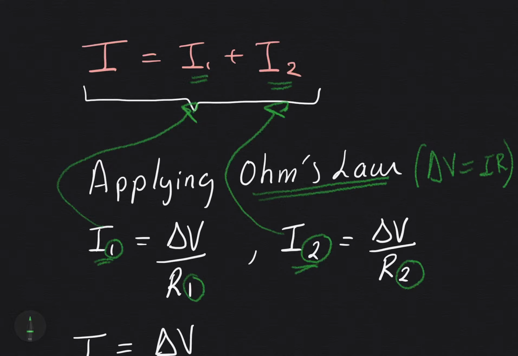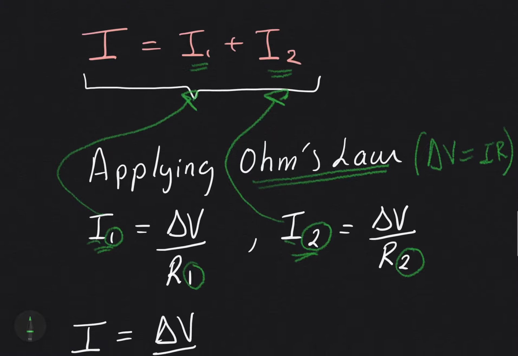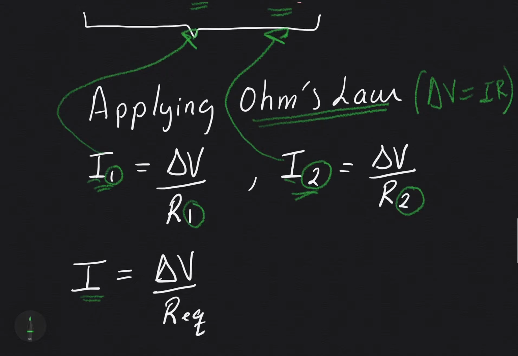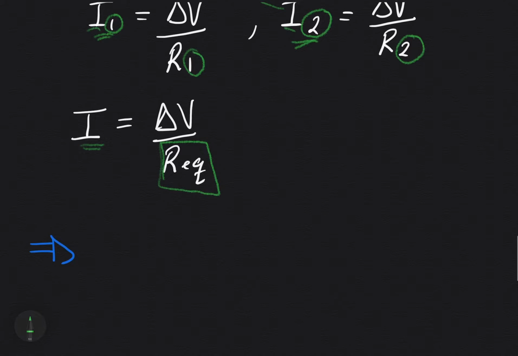Plugging I1 and I2 into the top side, and noting that the current through the battery is the potential difference divided by R equivalent, as if you combine all the resistance, I'm writing I is equal to I1 plus I2.